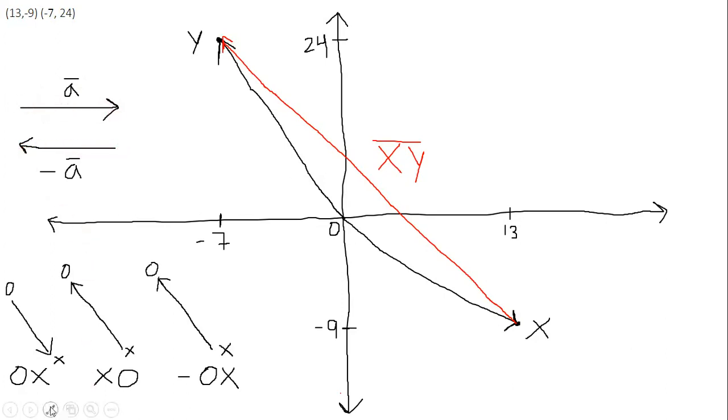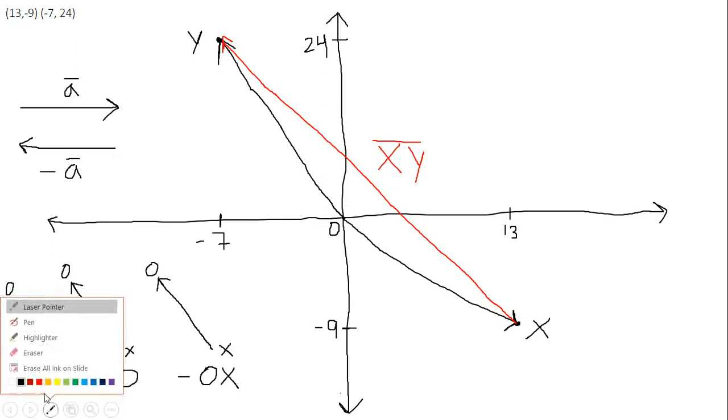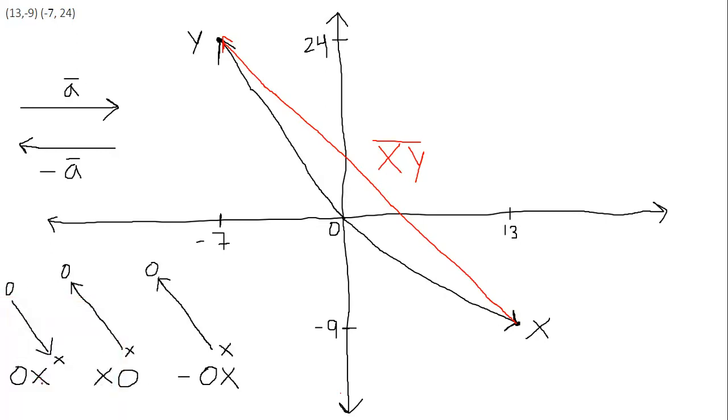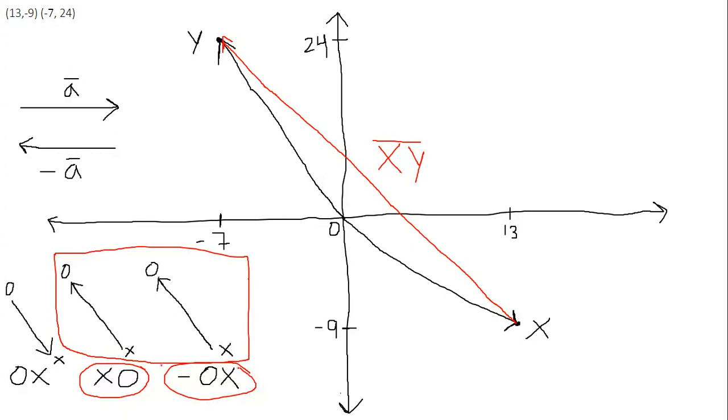But you may say, Isaac, look at this. These two are the exact same vectors. XO is the same vector as negative OX. I call them by different names, but they are the same vectors.